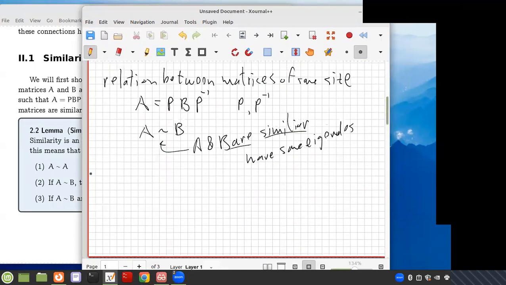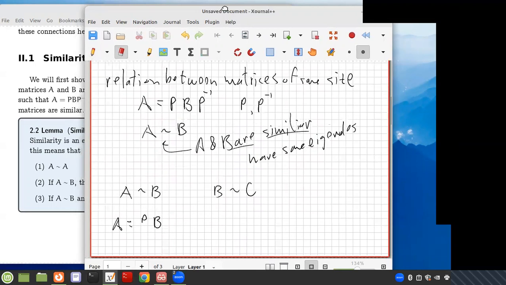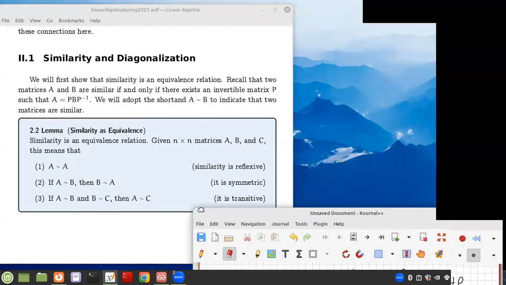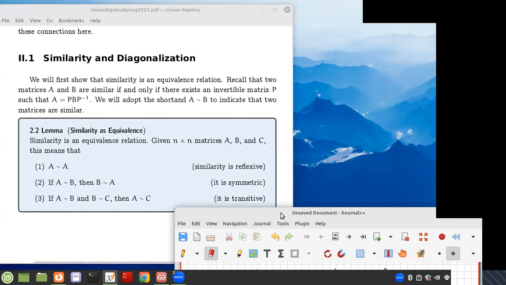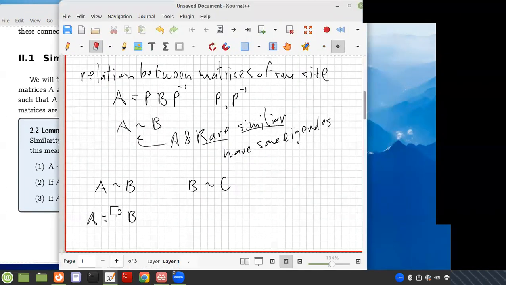So here we are. Let's say that A is similar to B and B is similar to C. That means that, for some matrix P, say they're similar with the same matrix, A equals P B P inverse, and B equals P C P inverse.